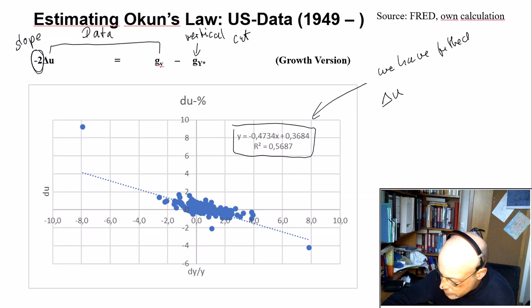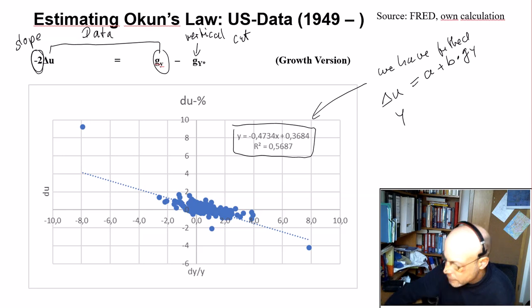This is, so to speak, from our linear regression, our y equals a plus b, and this was our growth rate, g y.